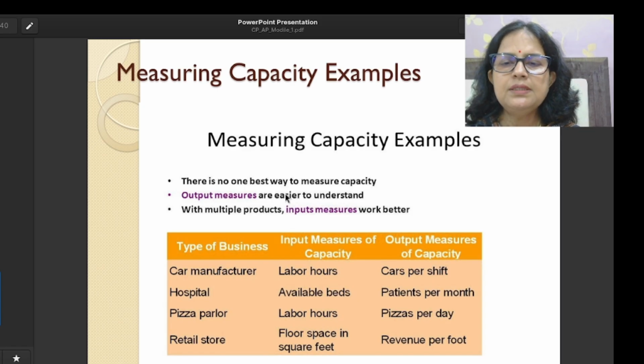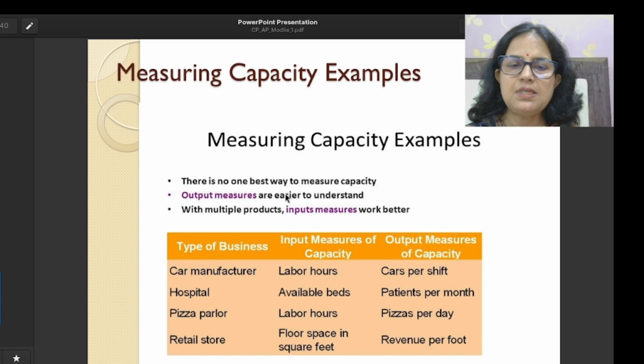For a pizza parlor, the input capacity may be labor hours, and the output capacity is how many pizzas we are able to deliver per day. For a retail store, the input capacity is the floor space in square feet, and the output capacity is the revenue we get per square foot.